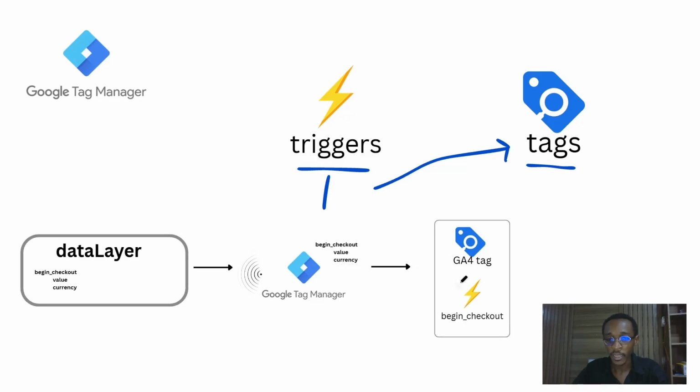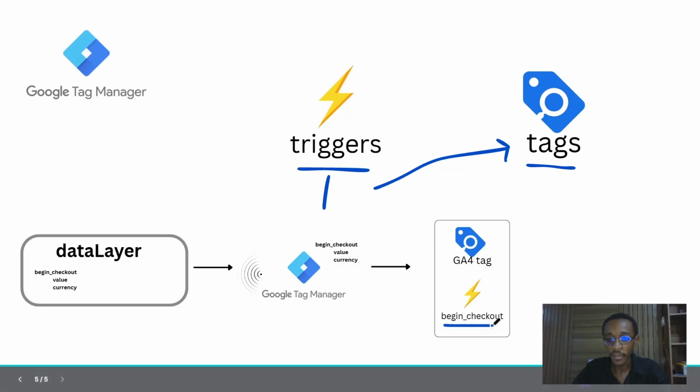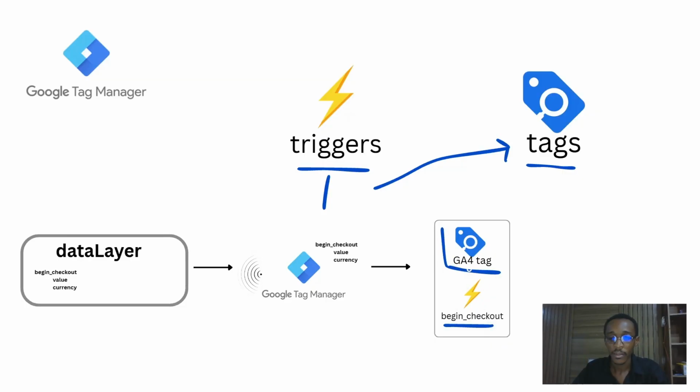From there, a trigger with the event name begin checkout would be triggered. And any tag that the trigger is attached to would be triggered. And then this tag would now send your data down to Google Analytics.